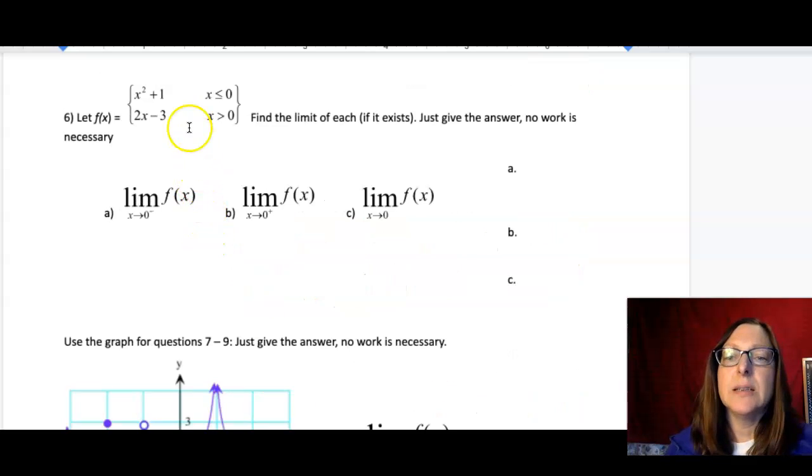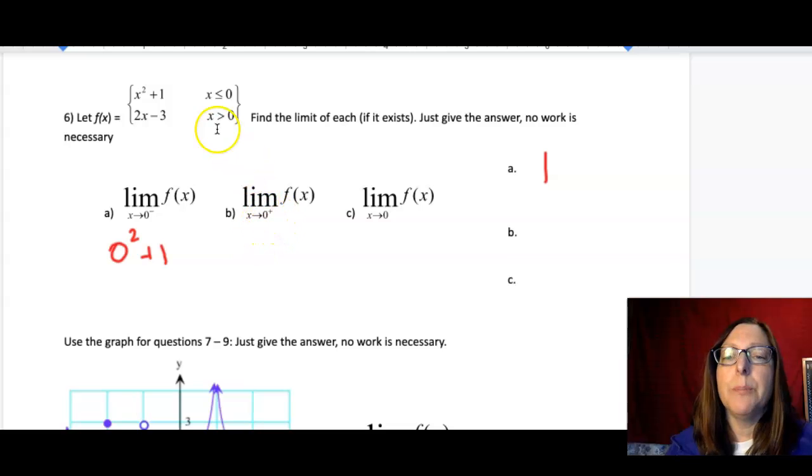Problem 6, here are two parts of this function. It's called a piecewise function, and the left side is the top one. Notice a little left of 0, x is less than 0 would be a little left. So if I plug in a 0 into the top, I get 0 squared plus 1 for part A, so that value is 1. Part B, notice there's a plus sign.